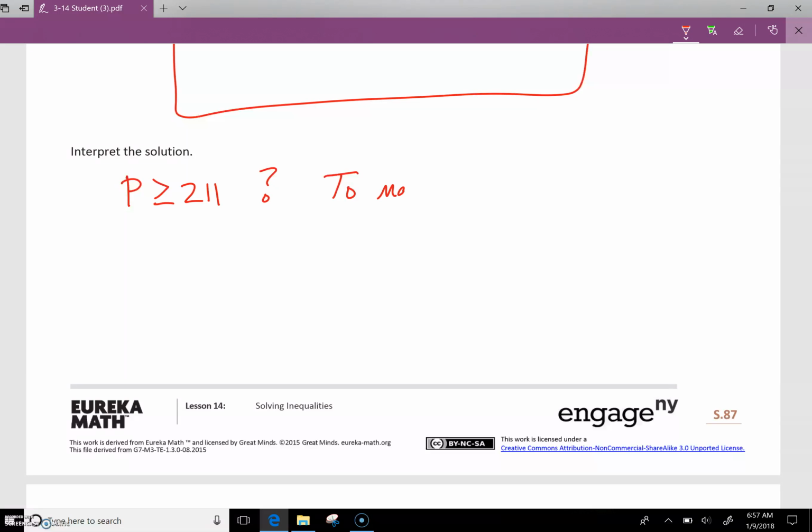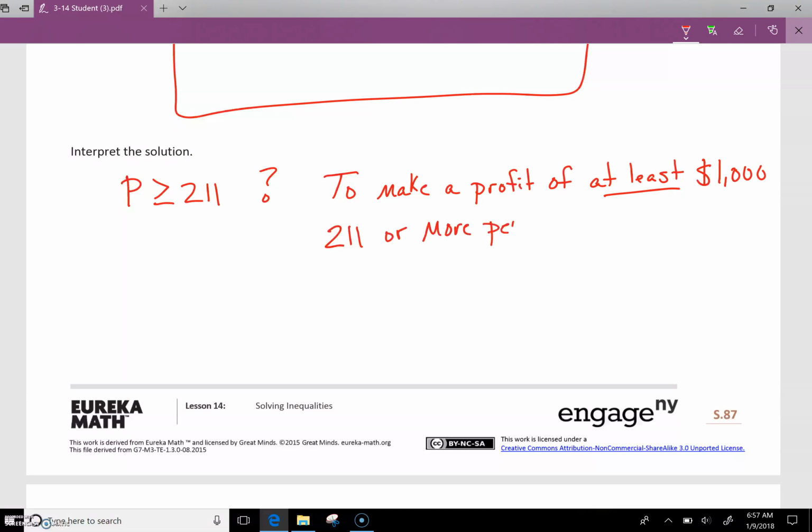To make a profit of at least $1,000, 211 or more people must ride the ride.